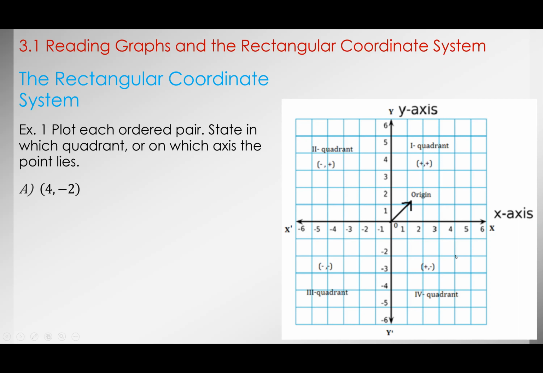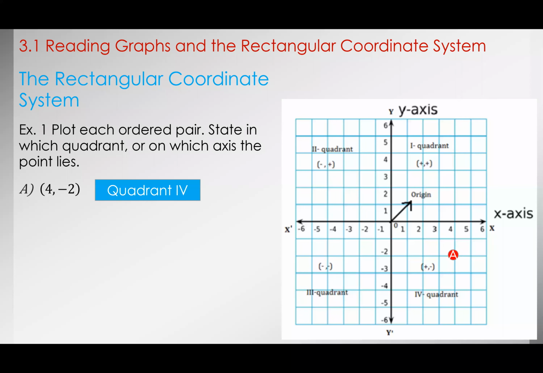Do you agree that 4 to the right and down 2 is 4 comma negative 2? So they ask you to plot this ordered pair, 4, negative 2. And if you plot this point, what quadrant does A belong in? We can see that A belongs in quadrant 4.